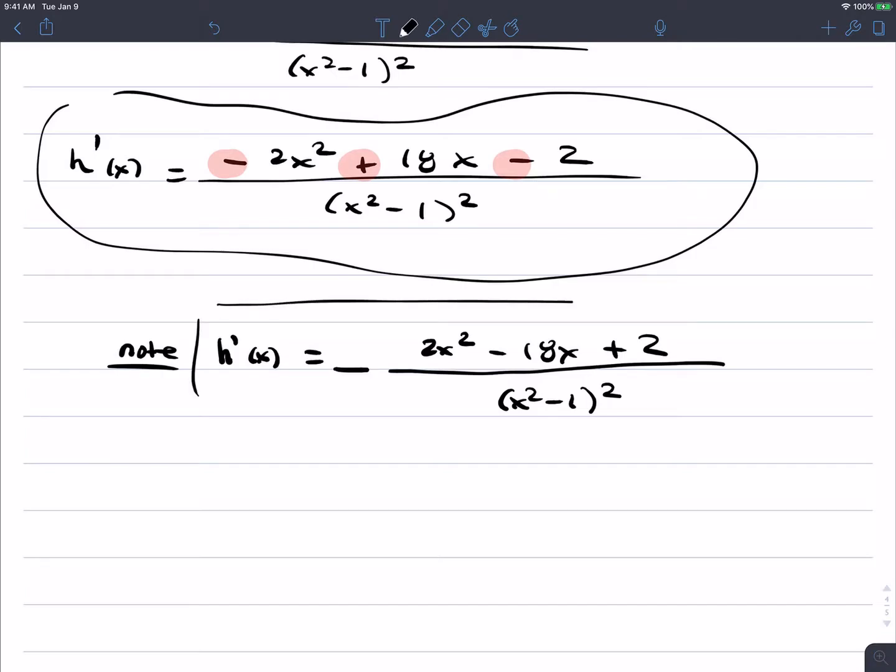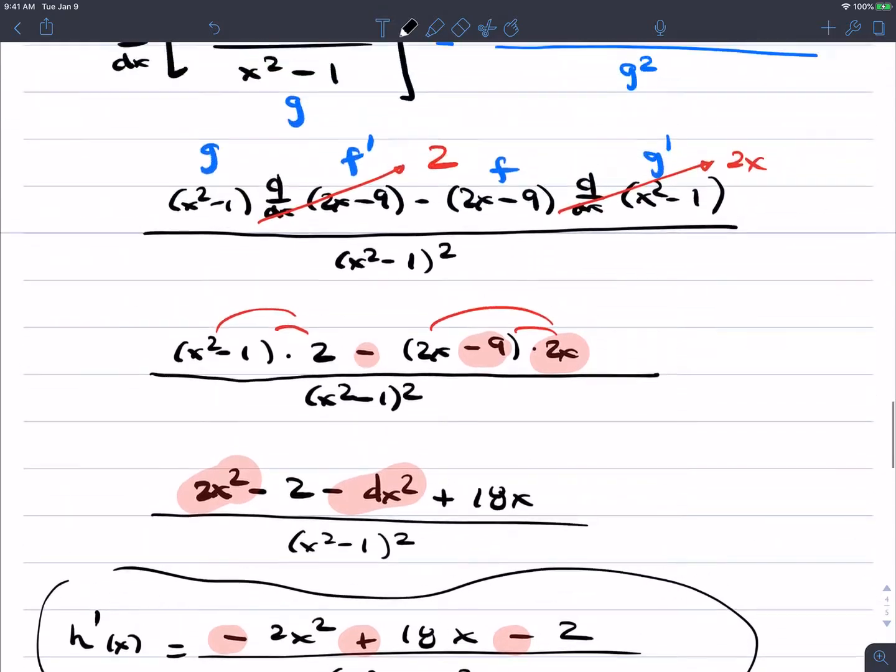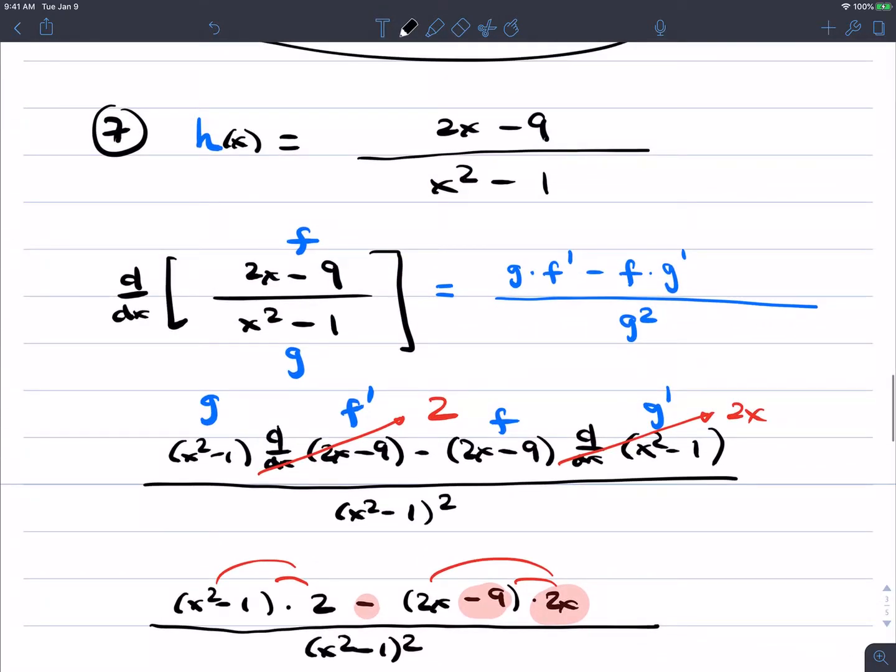So if you look in the back of the book and you see this alternate version, it's because they factored out that negative 1. And all they did was put the negative 1 at the same level as their division sign. So either way for now is fine. And here you go. This is your derivative of 7.